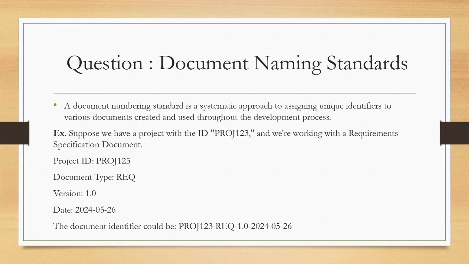It is used for unique identification, to know that this is a requirement specification document. We will get to know when it started and what the version of that is. So for that unique identification, we will name the documents in this way, okay.